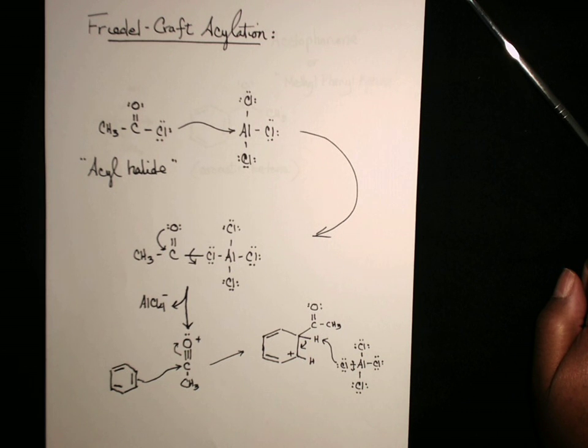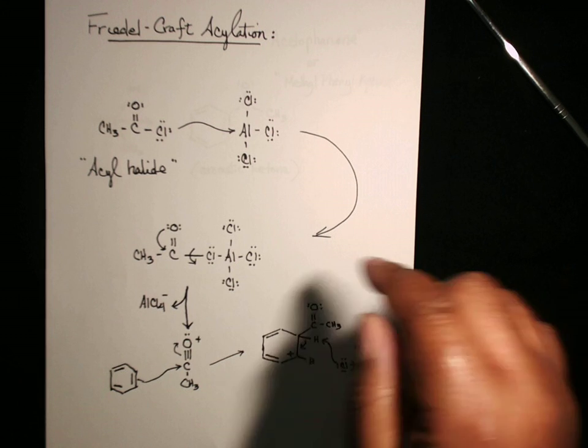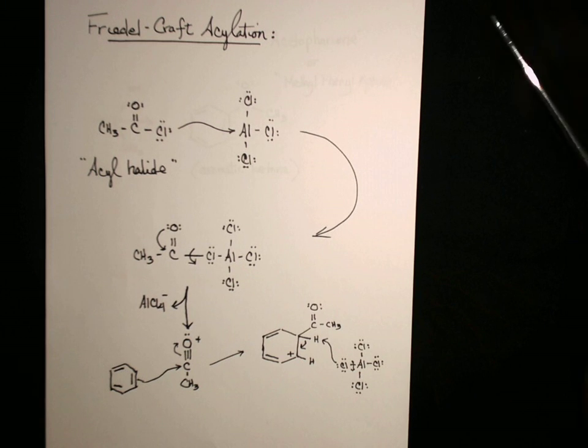If you recall, we discussed something called Friedel-Crafts acylation. Now, we also talked about Friedel-Crafts alkylation, but let me just show you, just so you can see the obvious difference. Remember, right now we're talking about how to make an aldehyde or a ketone.